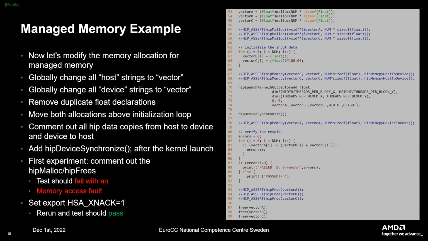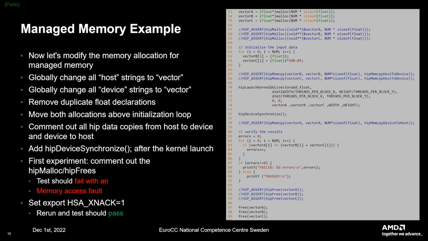So in this example, we remove those duplicate declarations, made them all vector, got rid of the memory movement. And then before we get the result, we're going to add a hipDeviceSynchronize to make sure that all the kernels have completed before trying to retrieve the data.